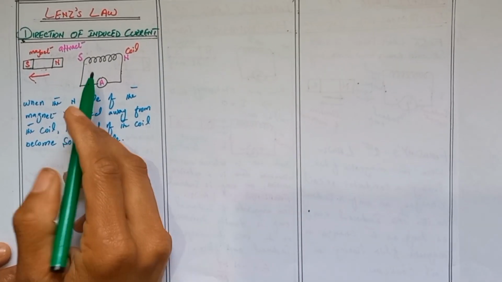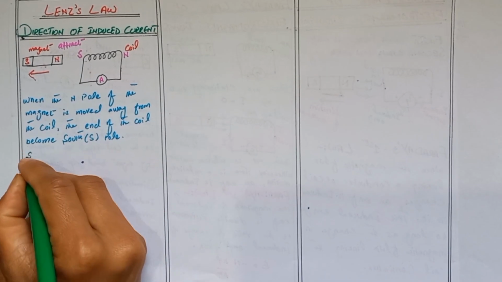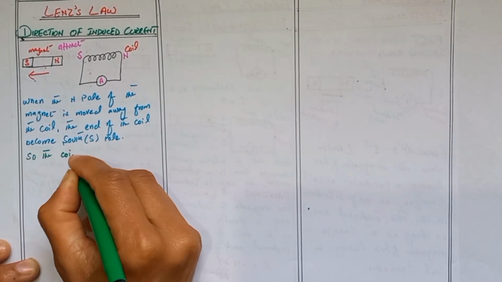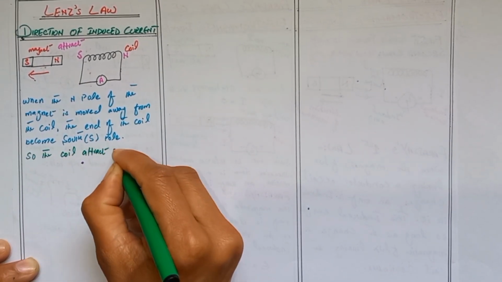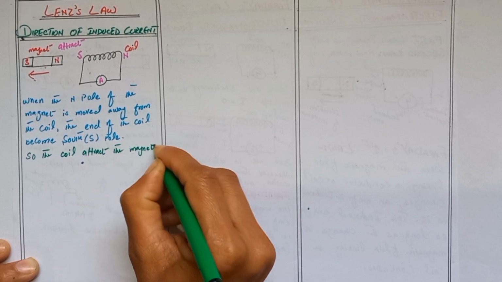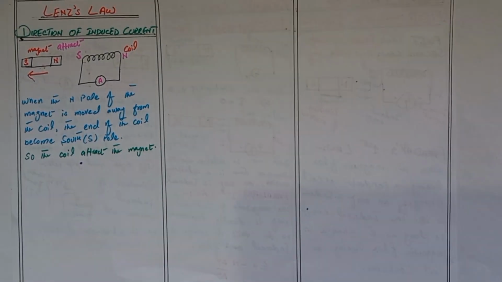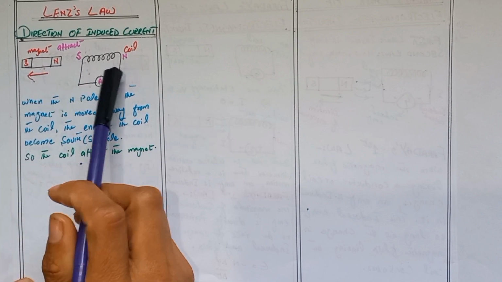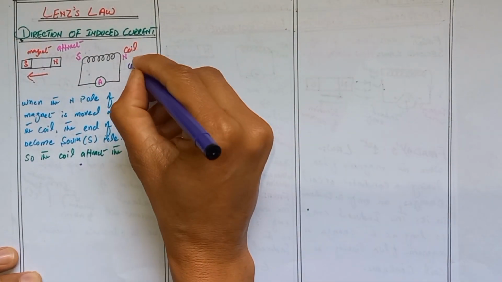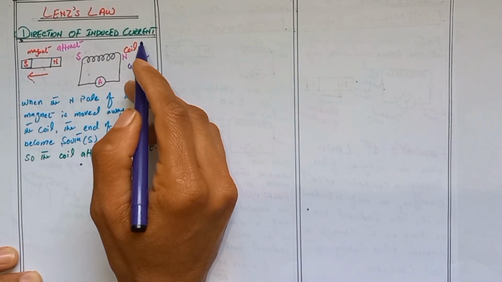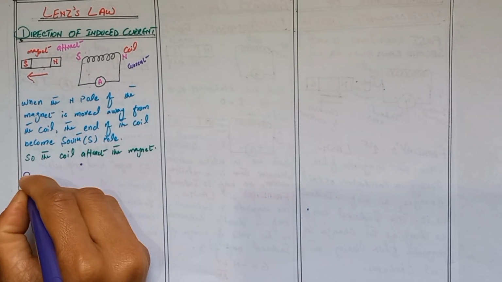When one end of the coil becomes south pole, they attract the magnet. So the coil attracts the magnet. When the magnet is moved away from the coil, they induce a current in the coil. We find the direction of induced current in the coil by using the right hand grip rule.